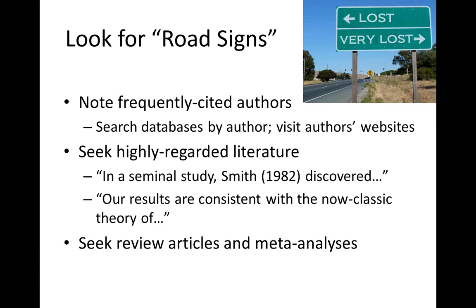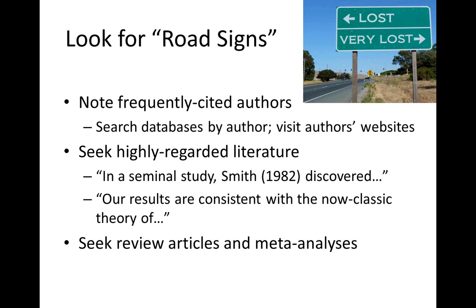The idea is to look for road signs. You want to see, within this particular area that you're becoming interested in, who the most frequently cited authors are. You can search databases by author. You can visit authors' websites and look up their publication records and find out what work has been done by that particular author or group.